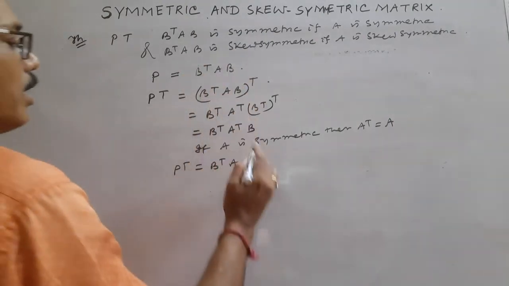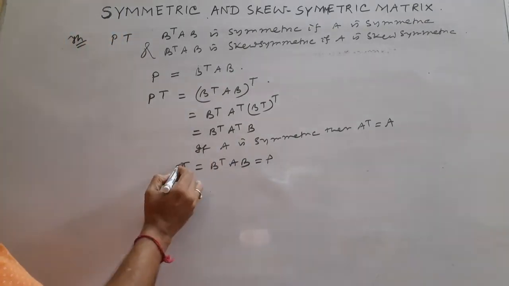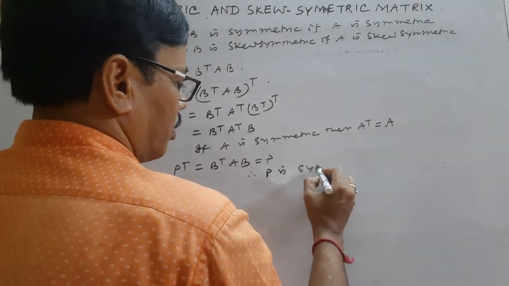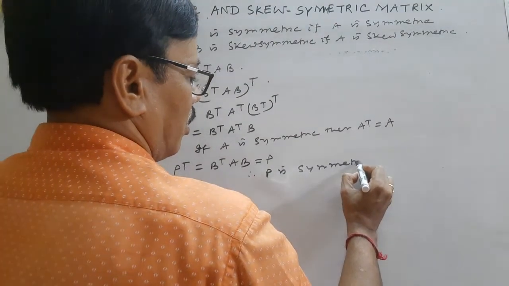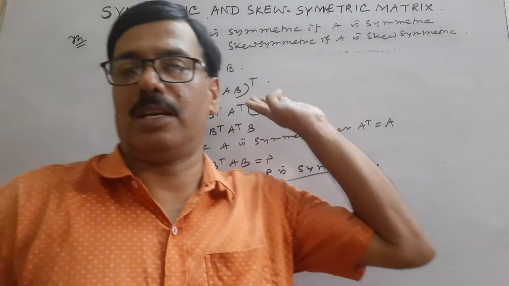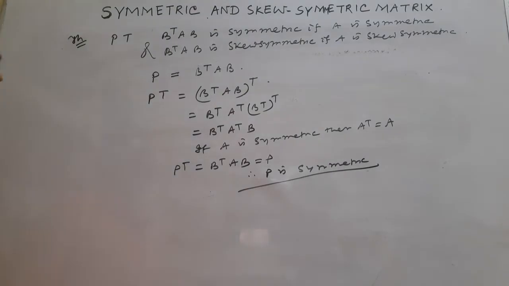So we are getting the original one. So P transpose equals P. Therefore, P is symmetric. So if A is symmetric, then B transpose AB is symmetric.